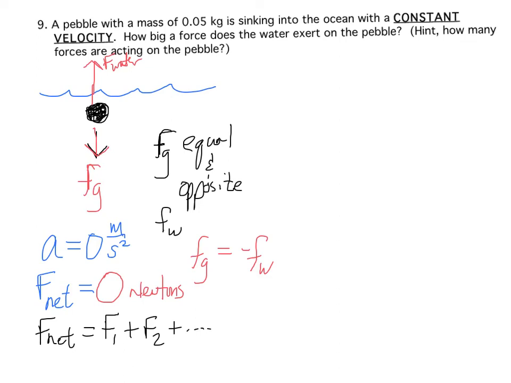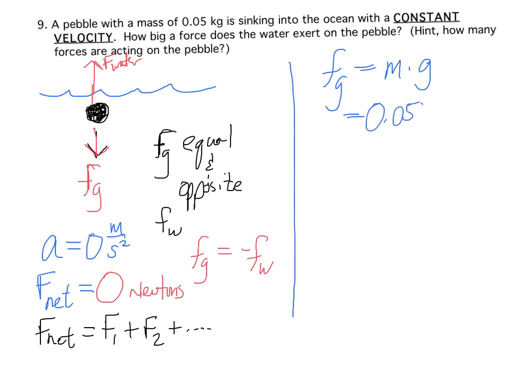And so if the question is asking, how big of a force does the water exert? Well, we just need to figure out the force due to gravity, which is really just the weight of this pebble. So let's go ahead and do that. The weight is always going to be mass times gravity. The mass of this pebble is 0.05 kilograms.